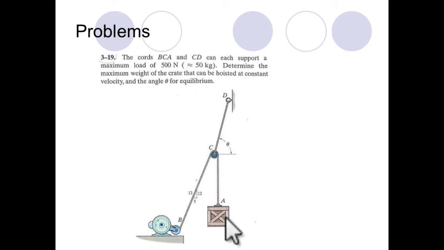Now we have the crate load at point A, which is connected with a cord or a string, and then it is hoisted, so lifted upwards with a system here, with a pulley and engine.